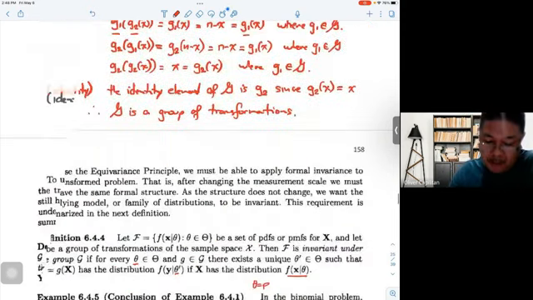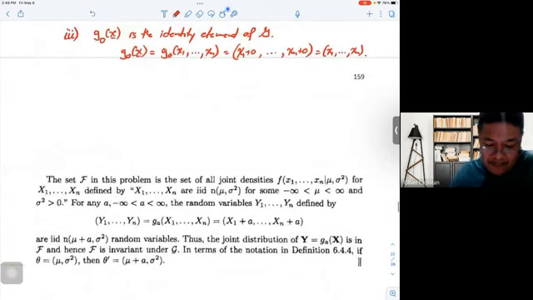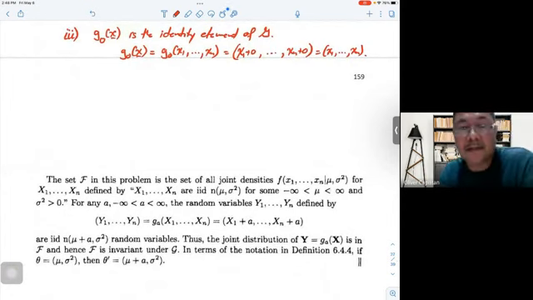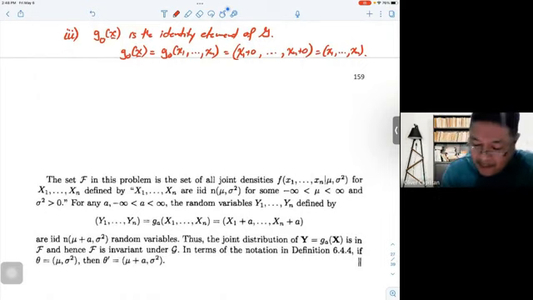Okay, so the set script F. Now the set script F in this problem is the set of all densities. Now we have here densities f of the sample point given our parameters mu and sigma square for this random sample defined by this IID, normally distributed with mean mu and variance sigma square for some mu, any real number, and sigma square to be positive.